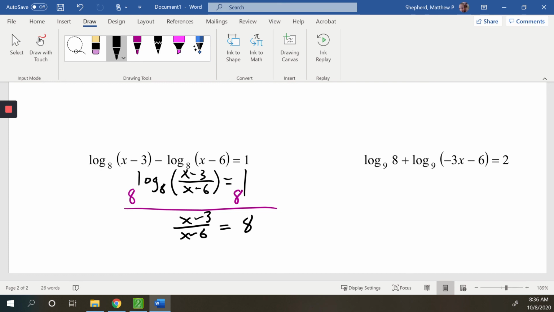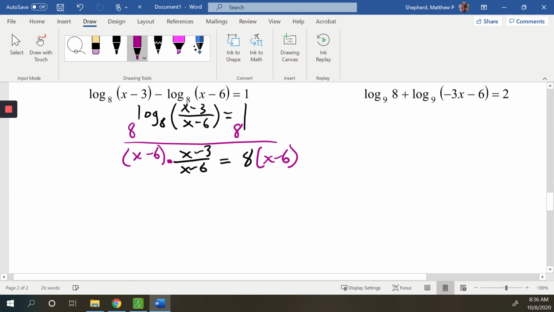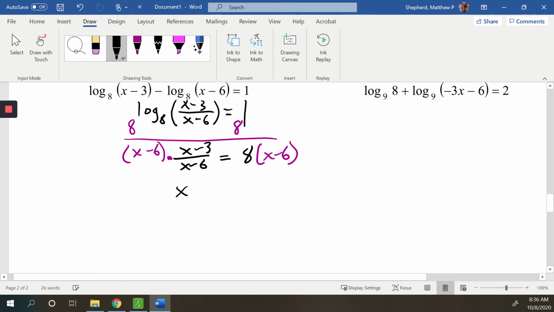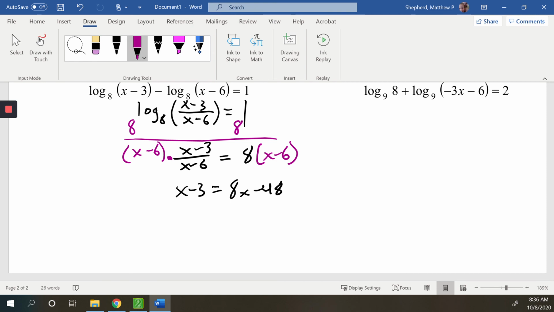I'm going to quickly eliminate this fraction. Having my x in a denominator is going to make it tricky to solve for. So because we're dividing by x minus 6, I am now going to multiply both sides by x minus 6, leaving us with x minus 3 is equal to 8x minus 48. Let's get our variable on only one side of the equation, leaving us with negative 3 is equal to 7x minus 48.